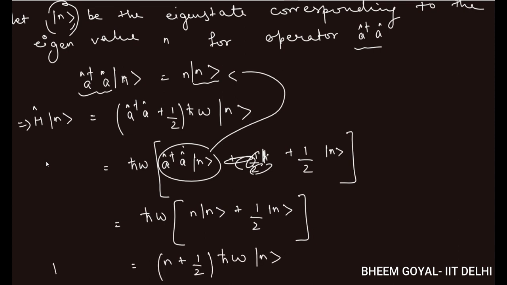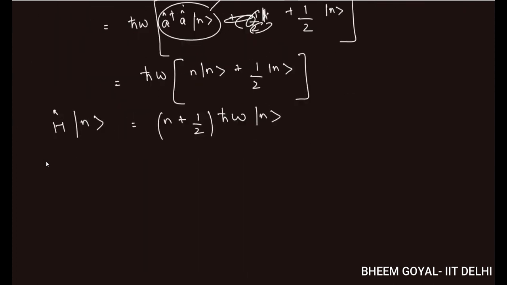So what we conclude is, if the Hamiltonian operates on this state n, we get (n plus half) h bar omega. This is the eigenvalue corresponding to the Hamiltonian operator. What do we call this? This is the energy eigenvalue.